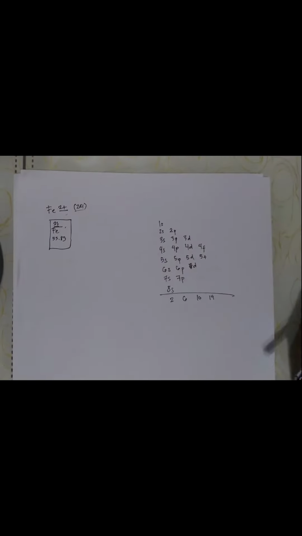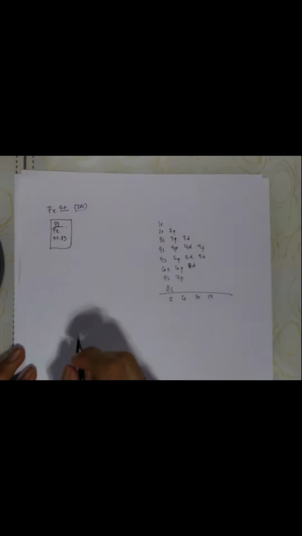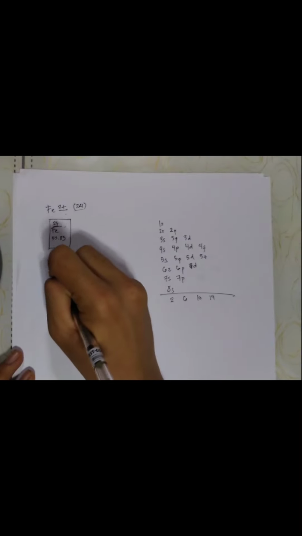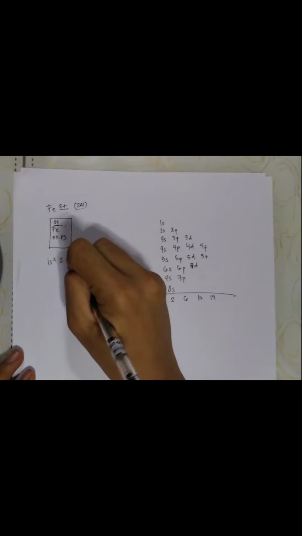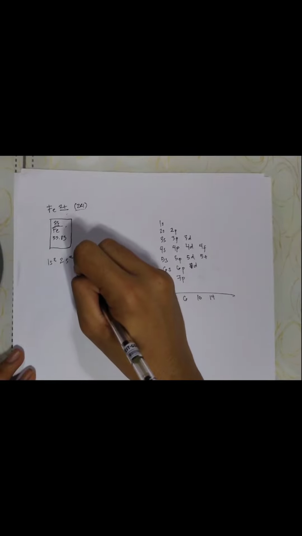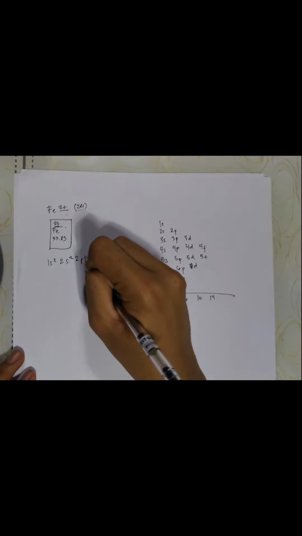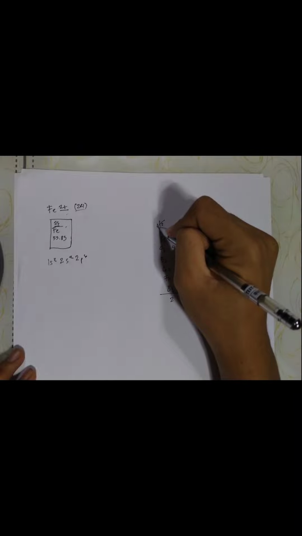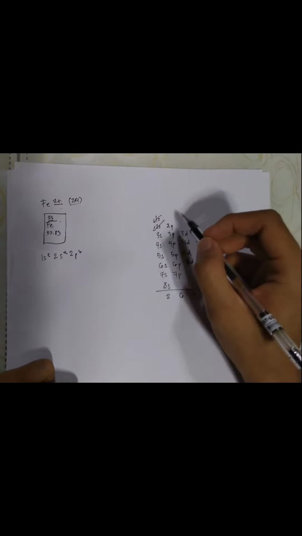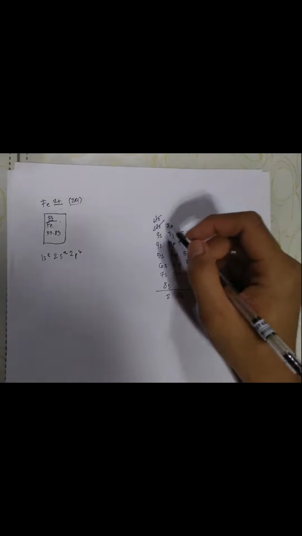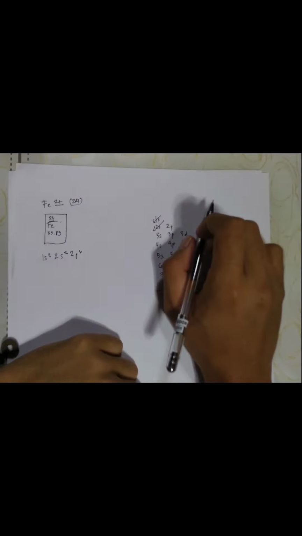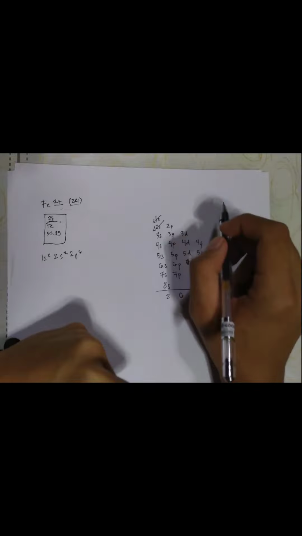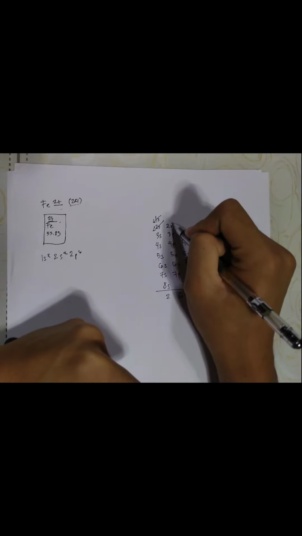We're going to write it: 1s2, 2s2, 2p6. This is how you arrange the pattern in these sublevels or energy levels, just like this.